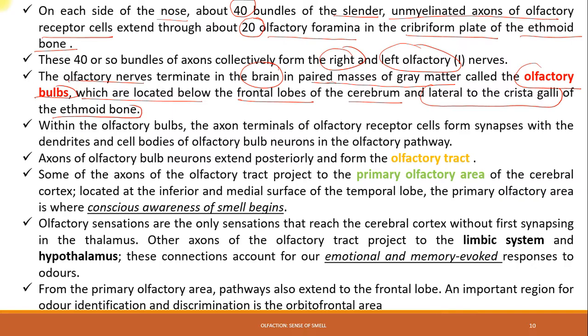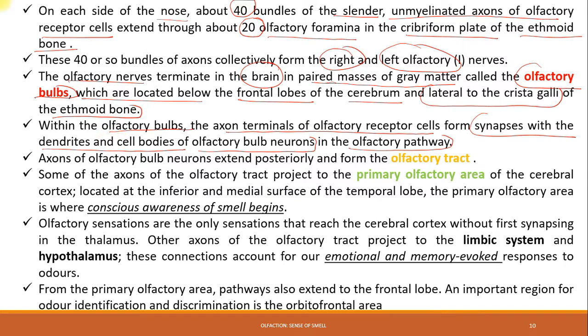Within the olfactory bulbs, the axon terminals of the olfactory receptor cells form synapses with the dendrites and cell bodies of the olfactory bulb neurons in the olfactory pathway. Till the olfactory bulb, we have the olfactory receptor cell.